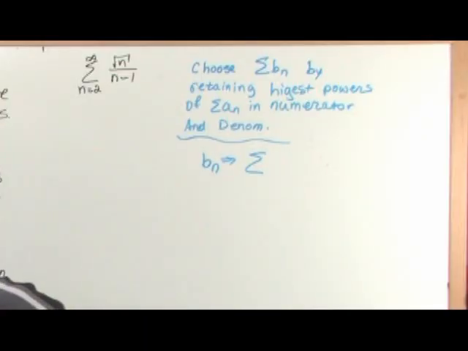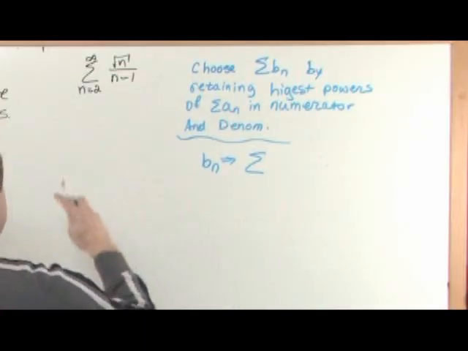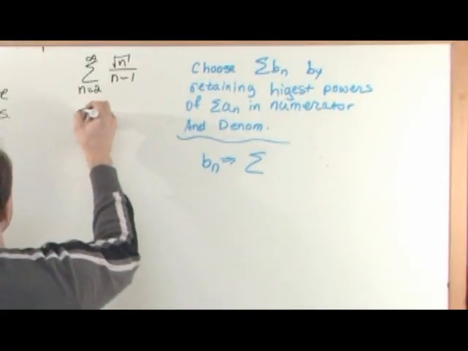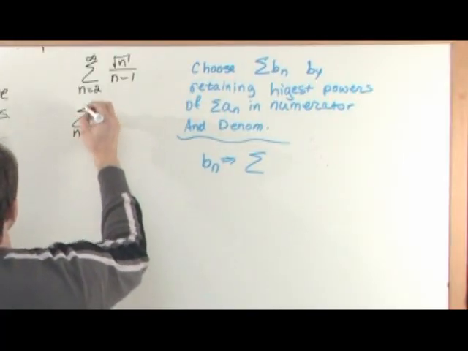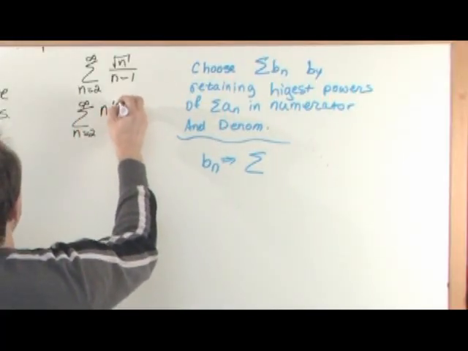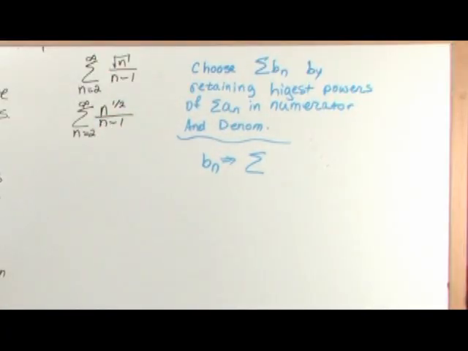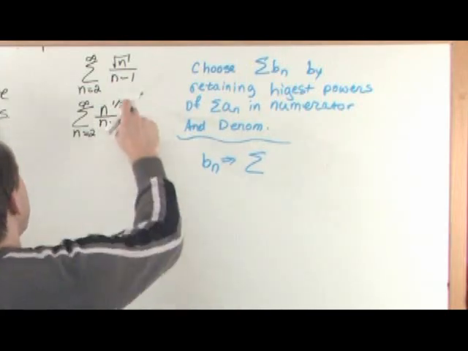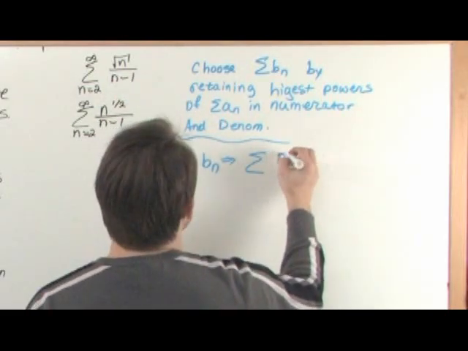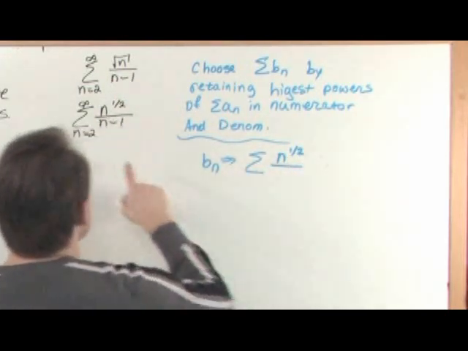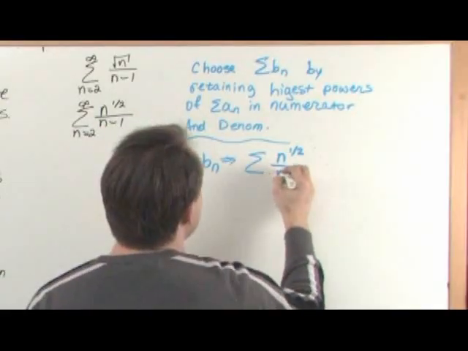Let's go back up here for just a second before you choose b sub n. Let's simplify this: the sum from n equals 2 to infinity of n to the 1/2 over n minus 1. I like to write everything in terms of exponents, okay? So I'm going to retain the highest power in the numerator, which is n to the 1/2, and the highest power in the denominator, which is n.